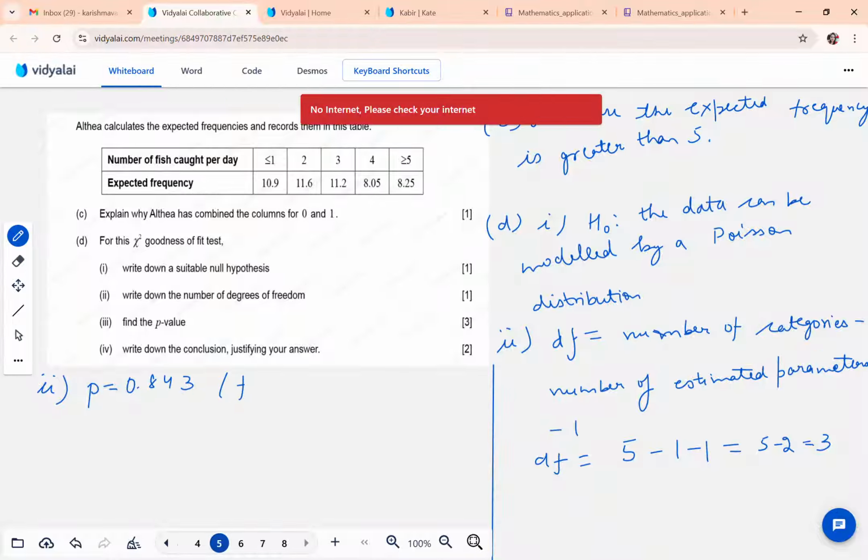This I have found out from the calculator.